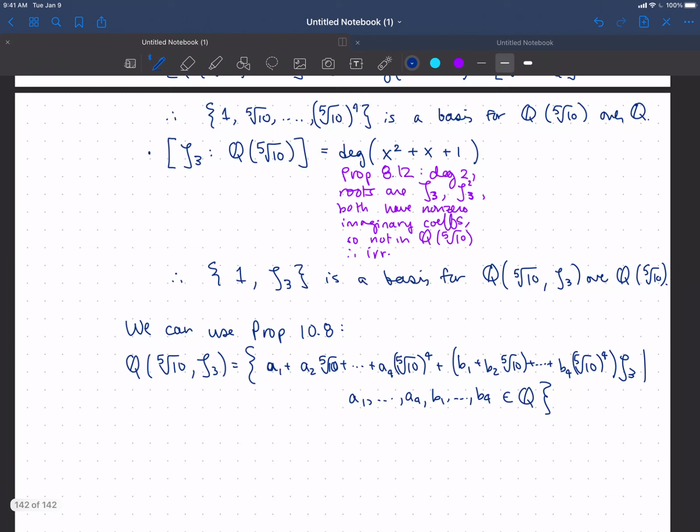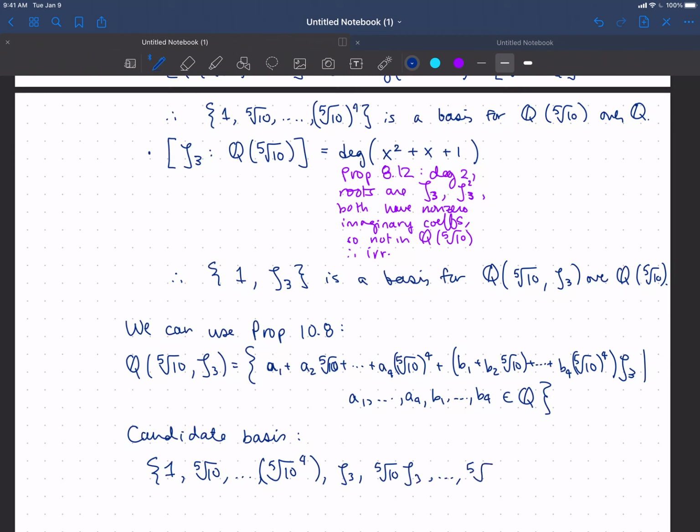And if I distribute, I think my basis is going to be, well, I've got 1, fifth root of 10, blah, blah, blah, fifth root of 10 to the fourth. And then I've got the same stuff, but multiplied by zeta 3. So then I have zeta 3, fifth root of 10 times zeta 3, blah, blah, blah, fifth root of 10 to the fourth times zeta 3.